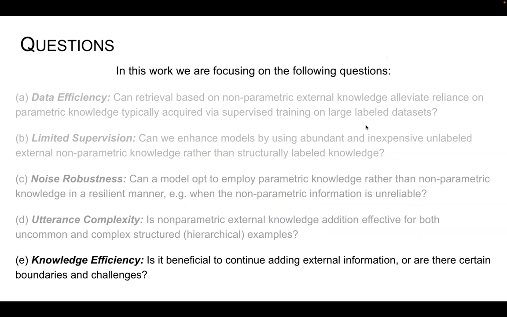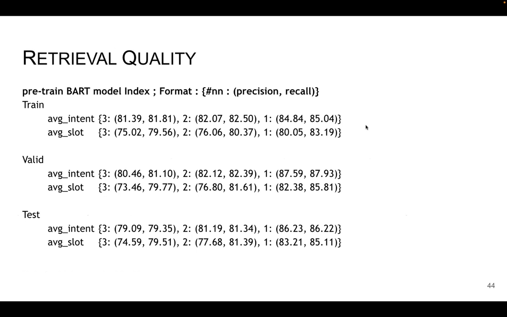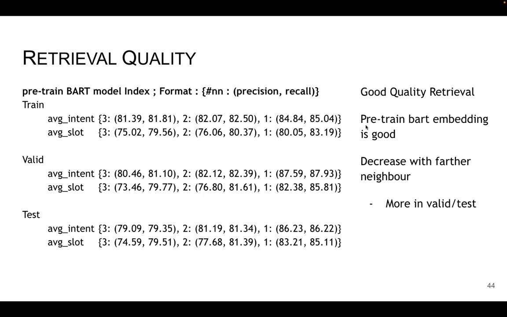Lastly, we look at knowledge efficiency, basically where the boundaries of this approach are and where it can go. We found that if we add many more nearest neighbors, the addition is not really helping. The pre-trained BART embedding is good, but it's not that effective either. We found that the performance of retrieval was roughly close to 85%, a little bit more for the valid and the test sets.